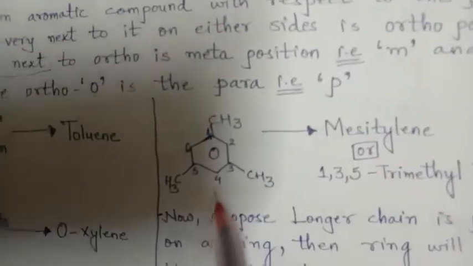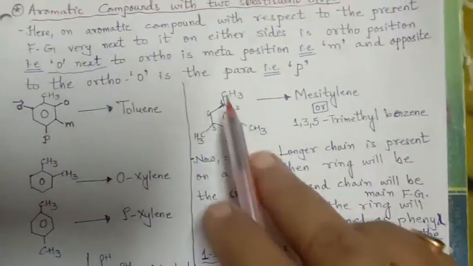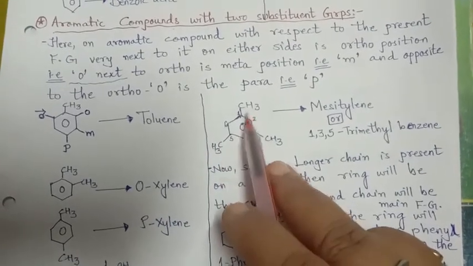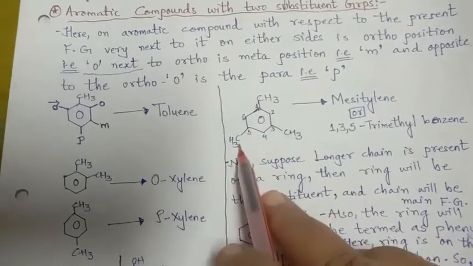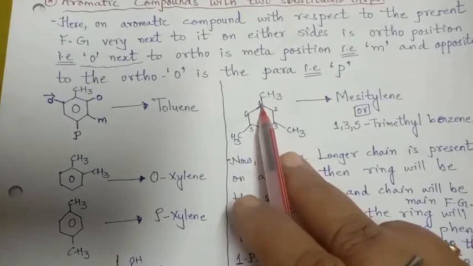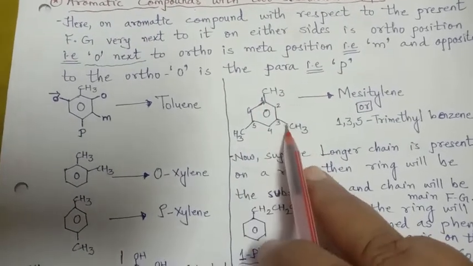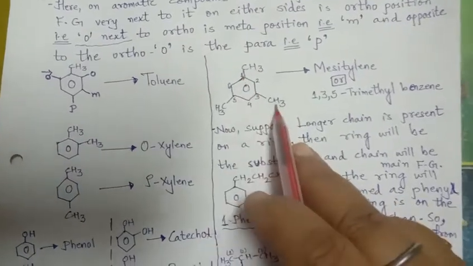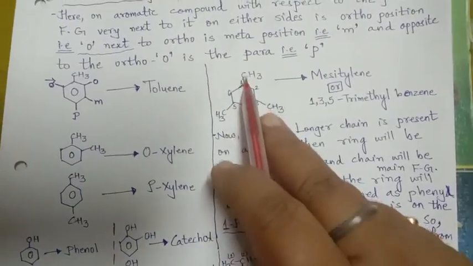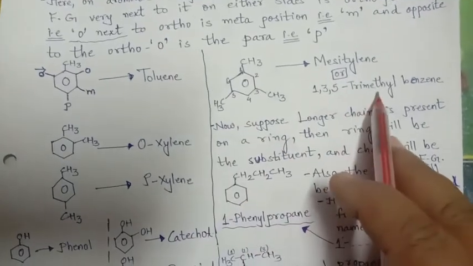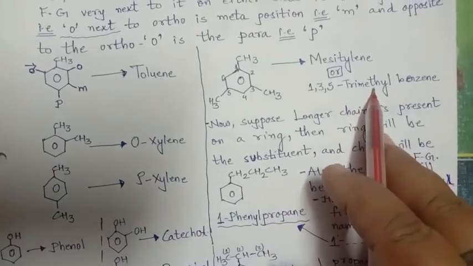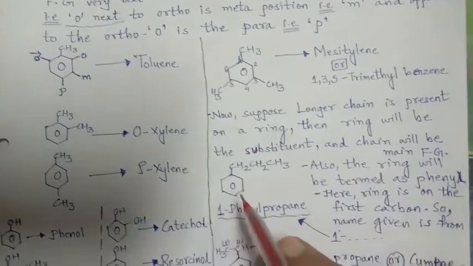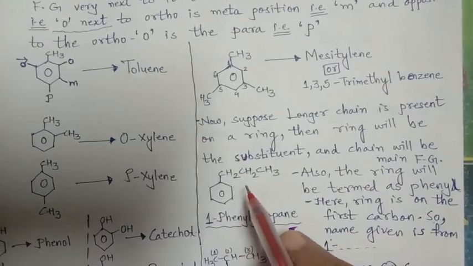So let us see here if three are there. 1, 2, 3. Then it is mesitylene. Mesitylene, or first carbon attachment, third carbon attachment, fifth carbon attachment. 1, 3, 5. All three methyl, trimethyl, and how many carbons total? 1, 2, 3, 4, 5, 6. Hexane, right? Clear about this?